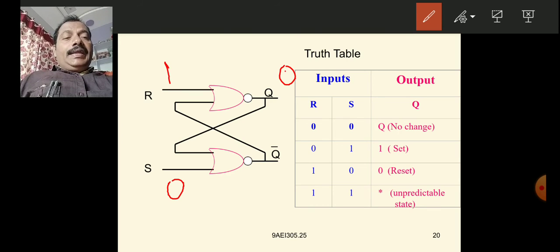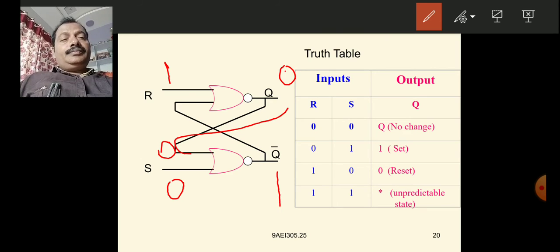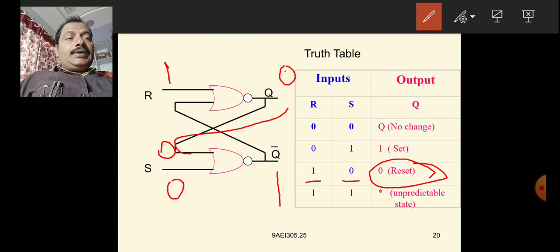The bottom NOR gate output you cannot determine directly, but if you take the feedback 0, 0 0 means the output is 1. Now it is clear. That means whenever R equals 1, S equals 0, the latch will reset to 0. That is the understanding.